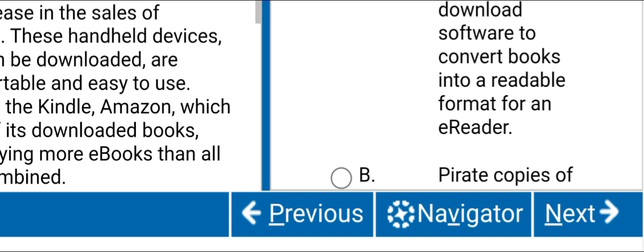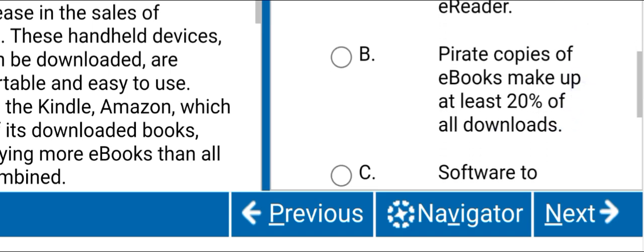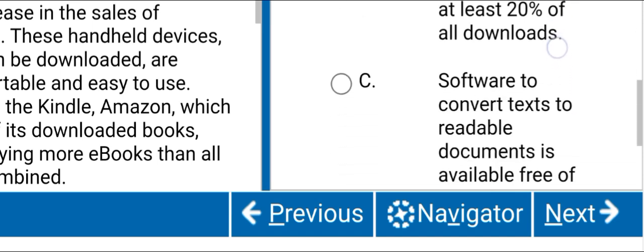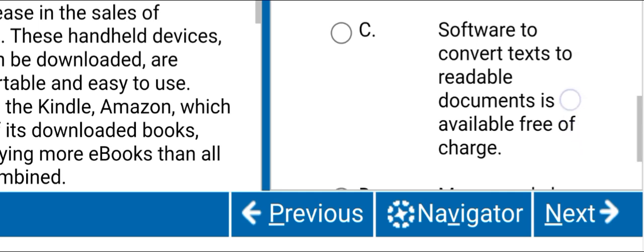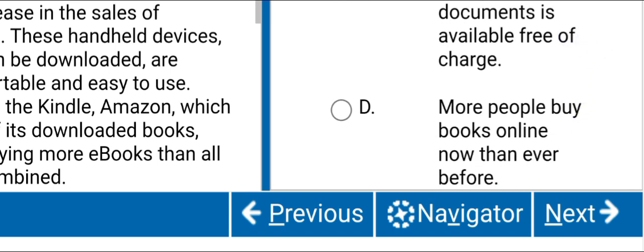Option B. Pirate copies of books make up at least 20% of all downloads. Option C. Software to convert texts to readable documents is available free of charge. Option D. More people buy books online now than ever before.